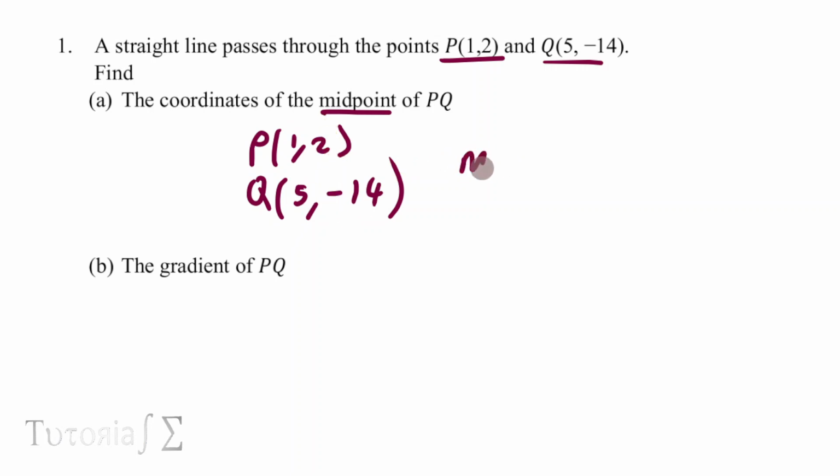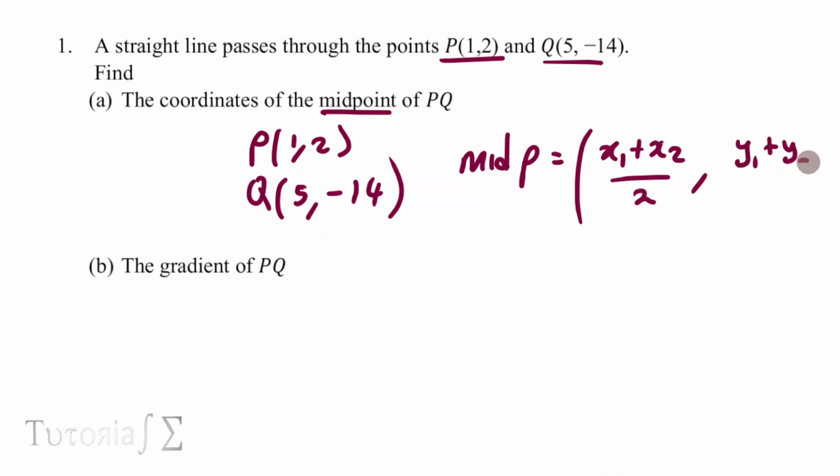So we can say the midpoint of P will be equal to adding the x coordinates, x1 plus x2, then we divide by 2, and adding the y ordinates, y1 plus y2, divided by 2.